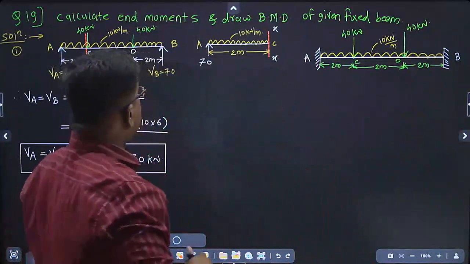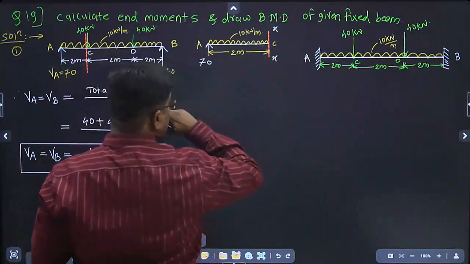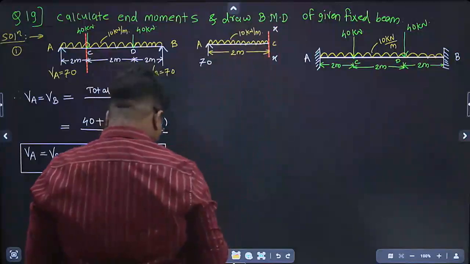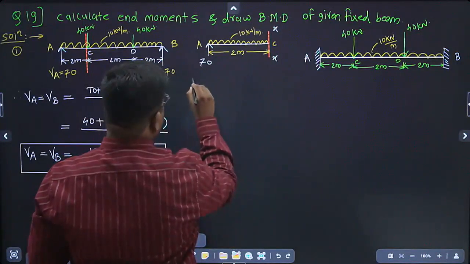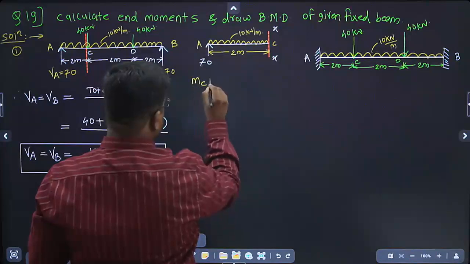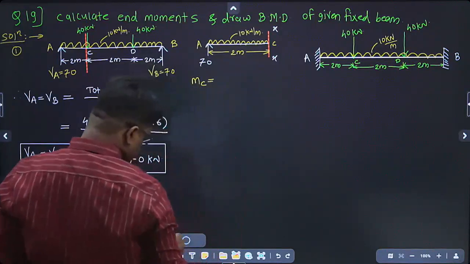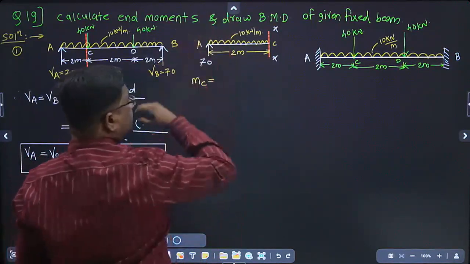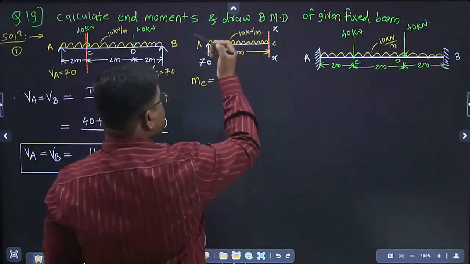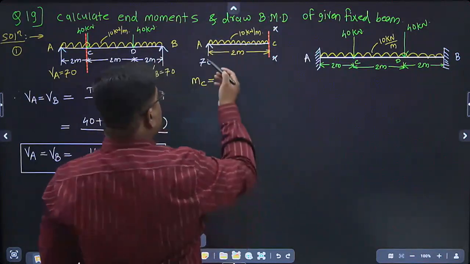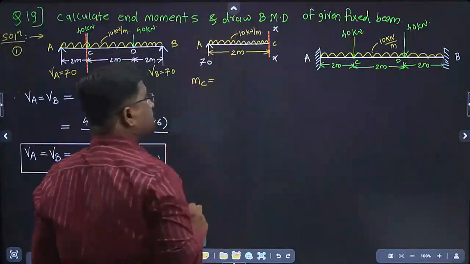Now find the bending moment at C. Free bending moment at C. For free bending moment, we denote it by small m. Small mc is equal to, what is the equation? If the force is going upward, then it is creating sagging bending moment. Sagging means it is positive. So if it is going upward, then we have to consider sagging.